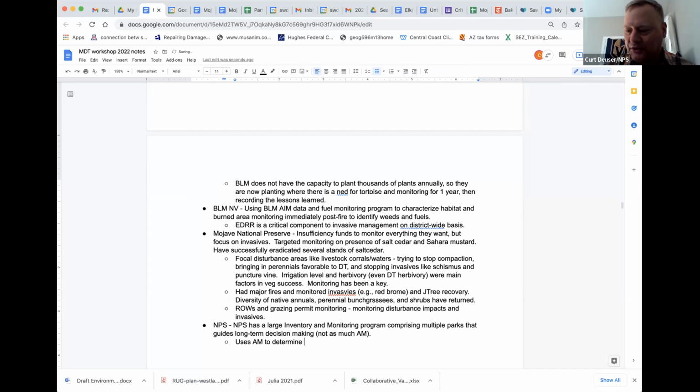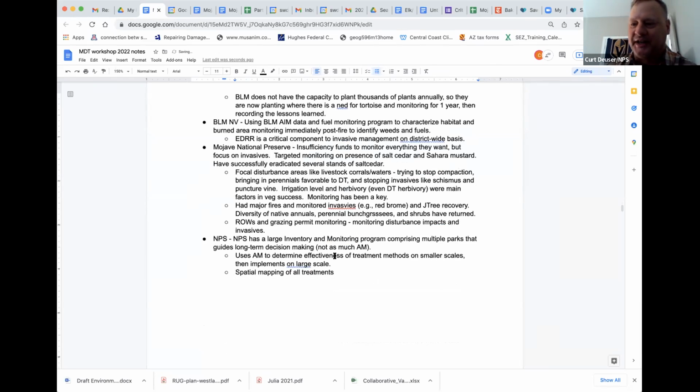Once we learn from that, we apply it on a more widespread basis. And then I think the critical thing with invasive plant management is that we spatially map all treatments, provide lots of metadata and information about each treatment, and then we share the data.